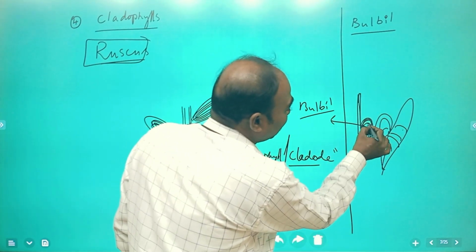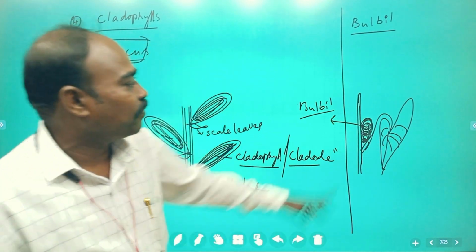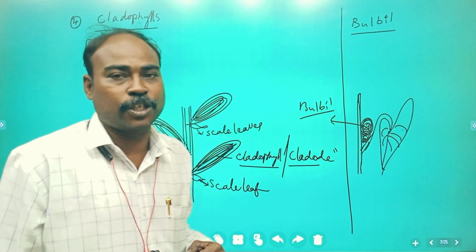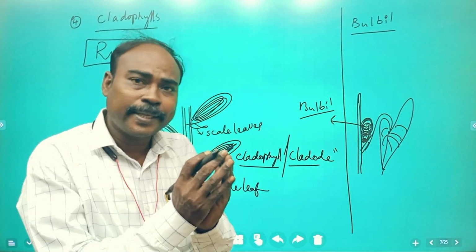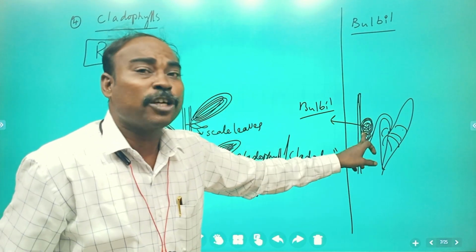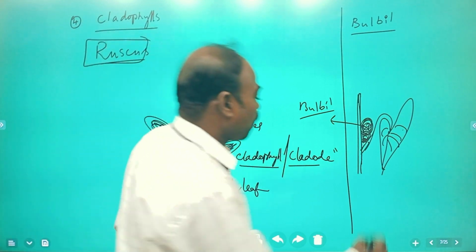These swollen axillary buds, whenever detached from the parent plant, participate in vegetative propagation. So the axillary bud stores food and becomes bulged. That bulged axillary bud in the Dioscorea plant is called a bulbil.